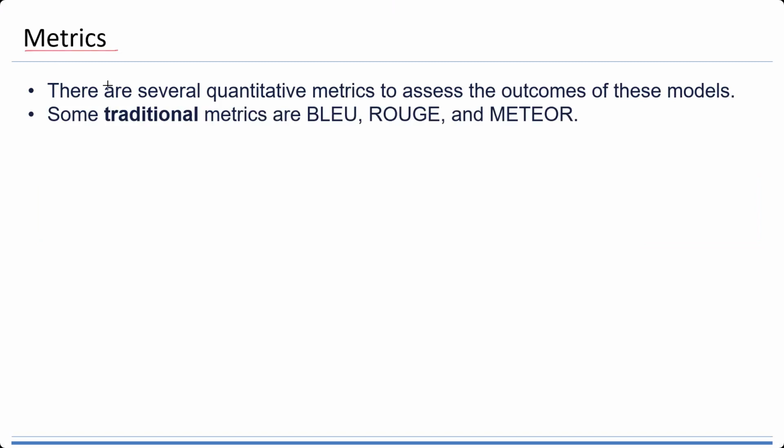For this, there are several quantitative metrics to assess the outcomes of this model. Some traditional metrics, for example, BLEU. The other kind of metrics is ROUGE, and the other is METEOR. So let's look at the detail.